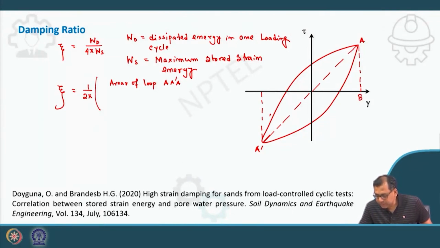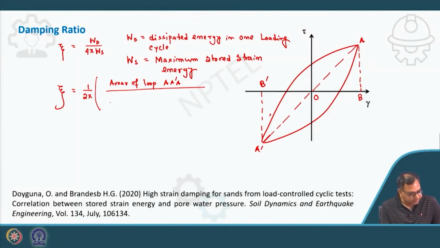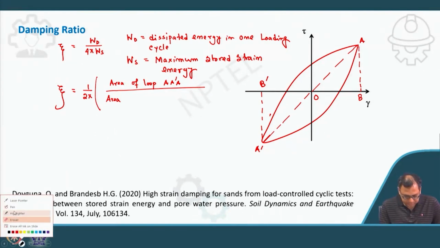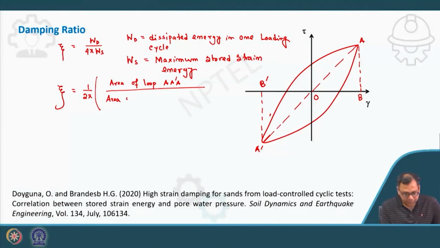This is B, say, this is O, this is B dash. The area of this loop divided by the area of triangle OAB plus area of triangle OA dash B dash.